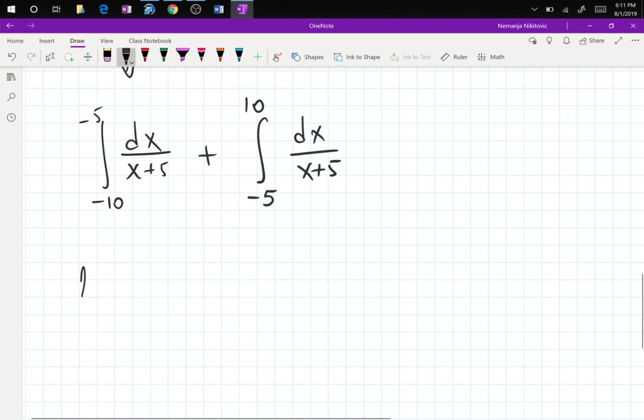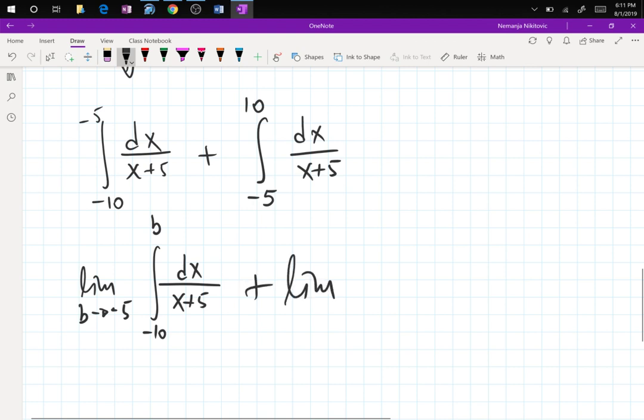So we start with the limit b goes to -5 of the integral dx over x plus 5, from -10 to b, plus another limit, a goes to -5, and now you have a to 10 of dx over x plus 5.